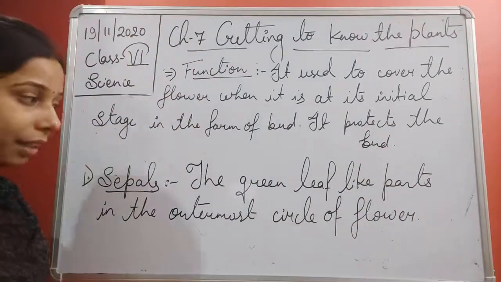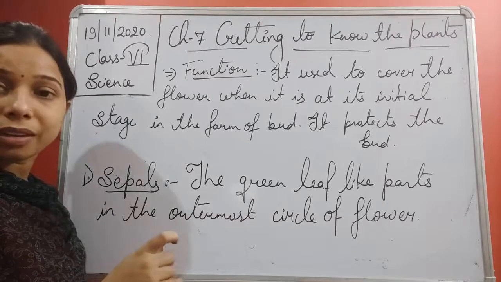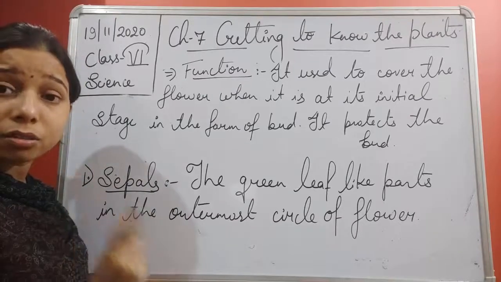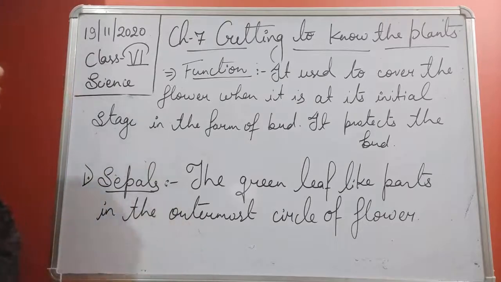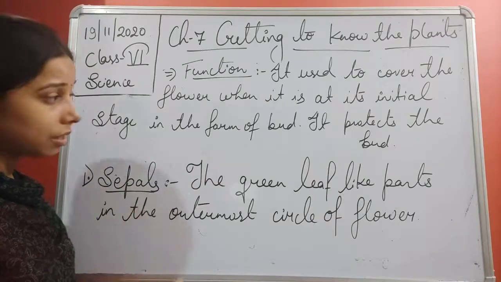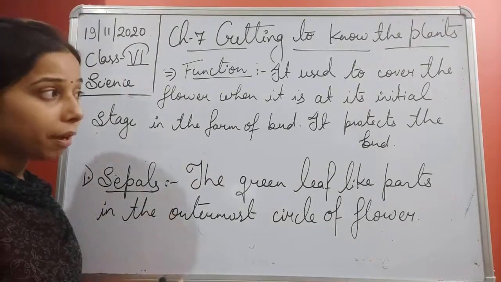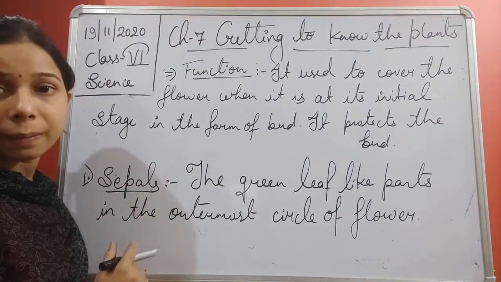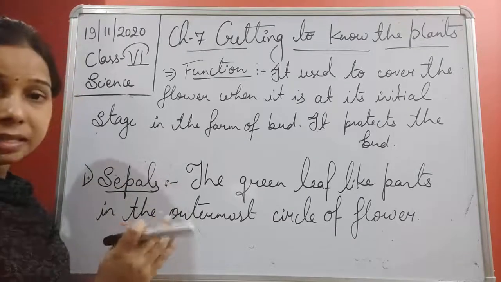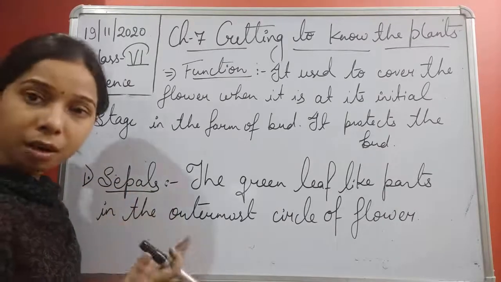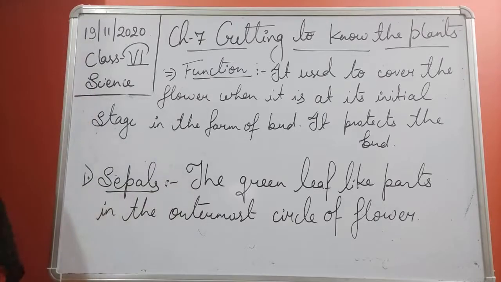The green leaf-like structure, the green leaf-like part which is present at the base of the flower, at the circle of the flower, its function is that it helps in covering the flower when it is at the initial stage, in the form of a bud, and it also helps in protecting the bud. So it works as a protection.